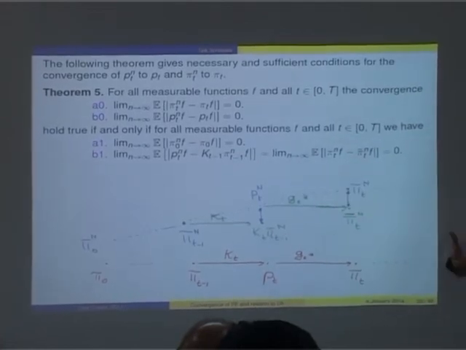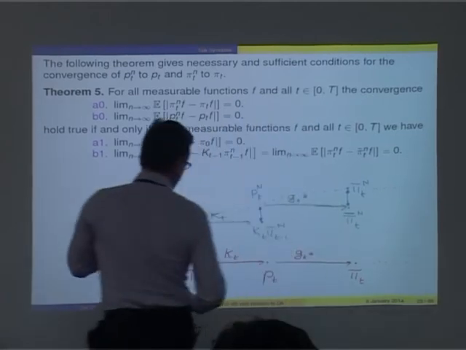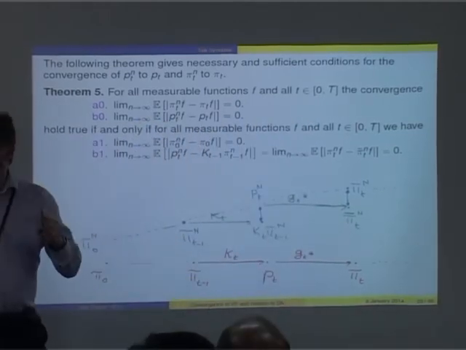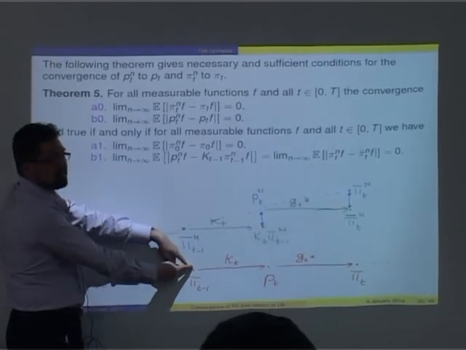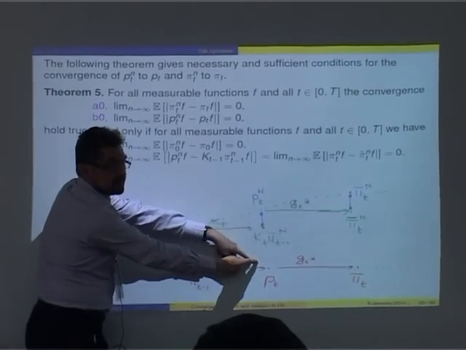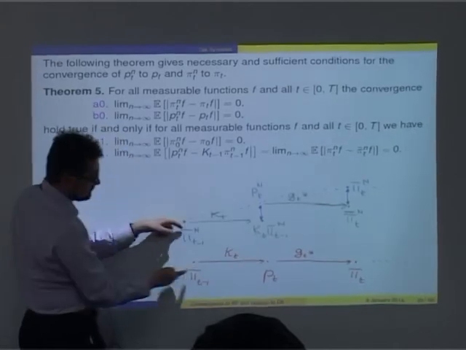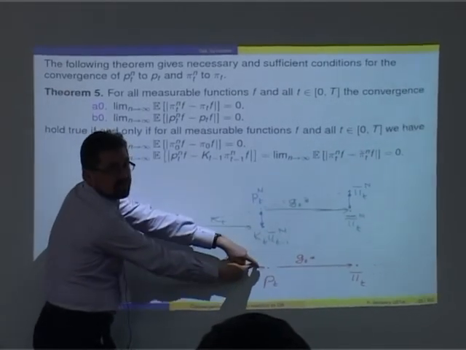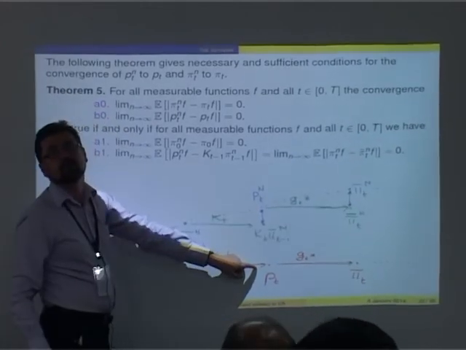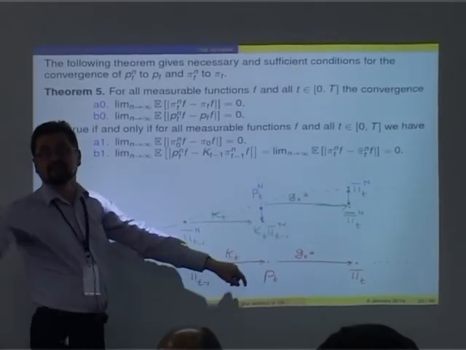And the theorem, so what will happen? In the proof of the theorem, I'm going to show you the following fact: that if this guy goes to 0, so does this guy. So if I stay parallel, this guy will go to 0. If this guy goes to 0, so does this guy. And if I want this guy to go to this guy, then this difference should go to 0. Okay? And vice versa.